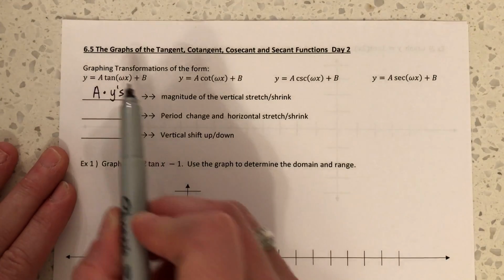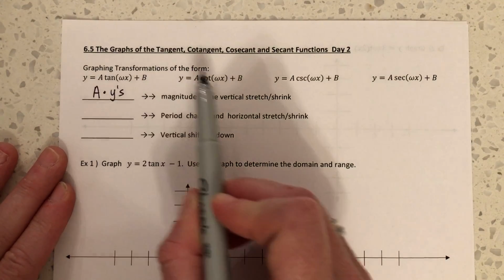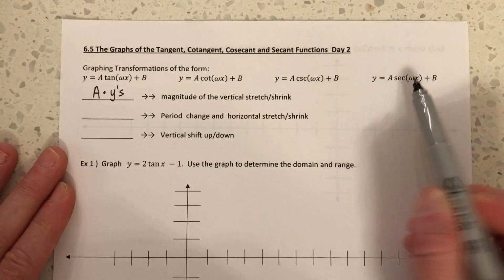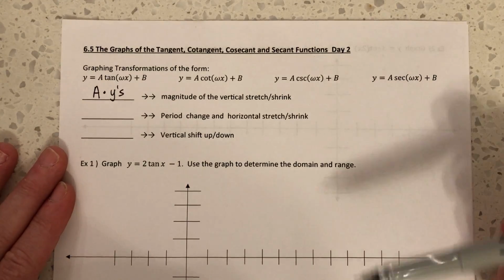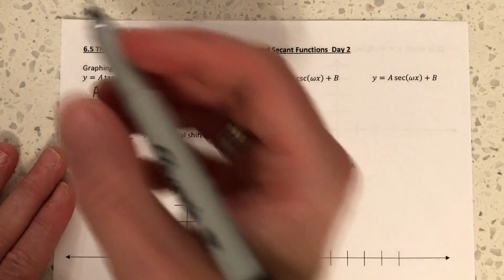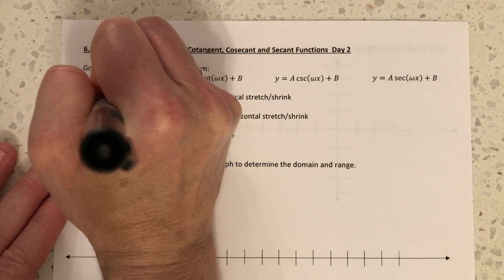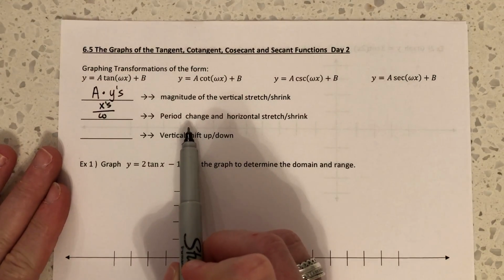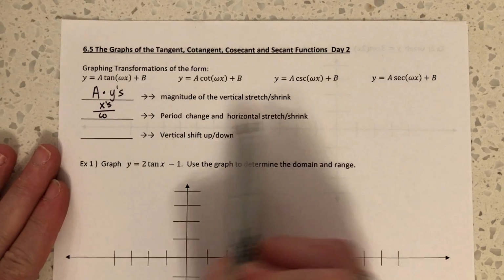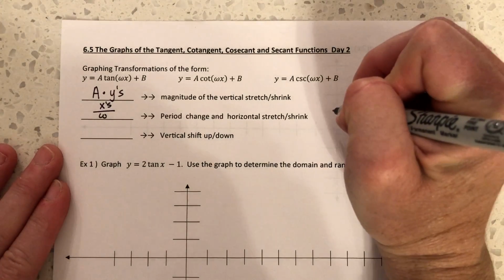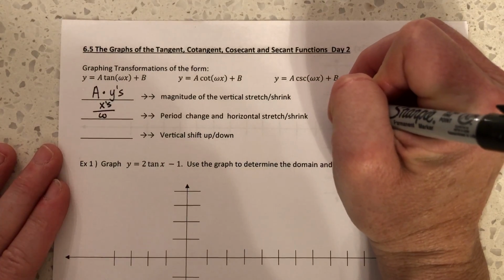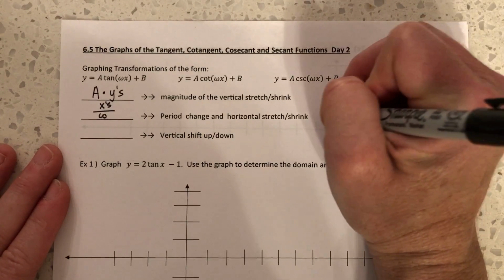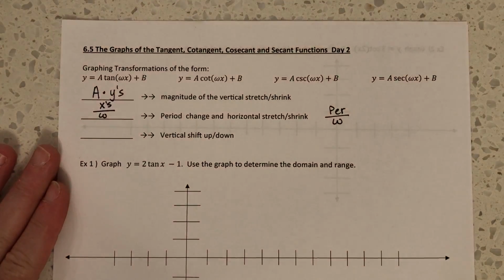All right, now you're going to be taking your x's and multiplying them by omega, which means the opposite effect happens, and you're going to really take your x values and divide them by omega. When you do that, that's going to cause a period change, and it's going to cause a horizontal stretch or shrink. So remember, your new period has to be the old period divided by omega, okay?